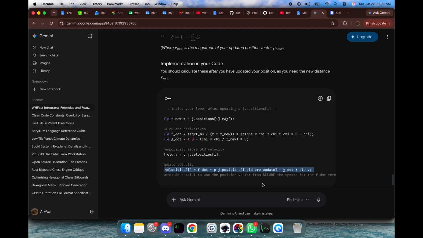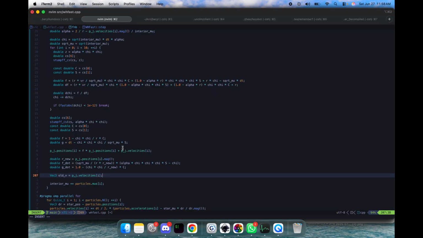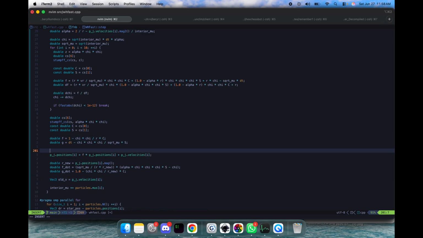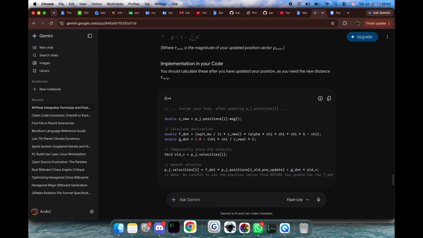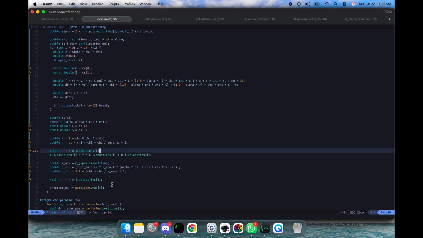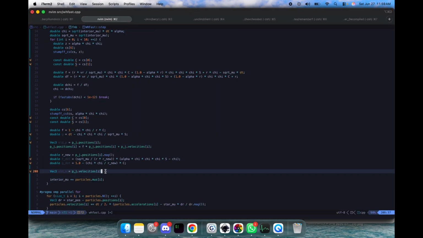Okay, so we should be using old position as well. vec3 old P should equal pj dot positions index I. So now I should be able to just paste this line and make a minor modification.